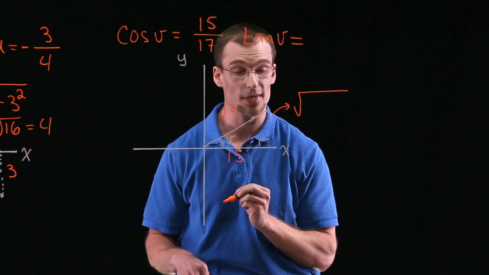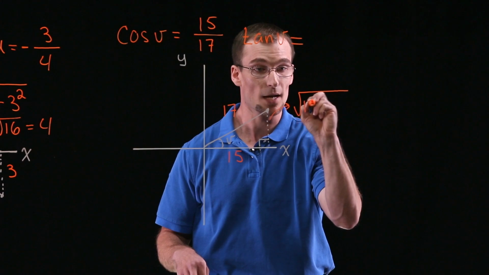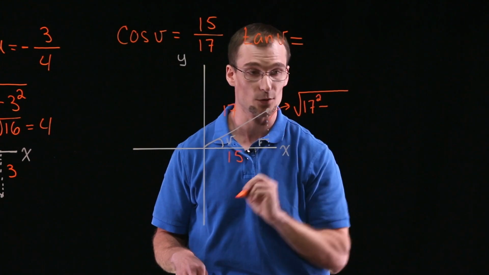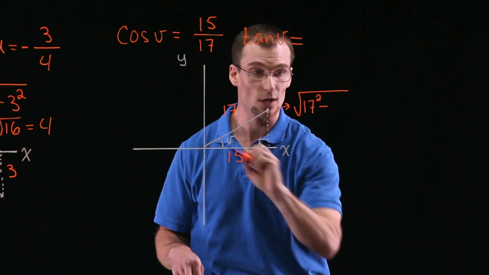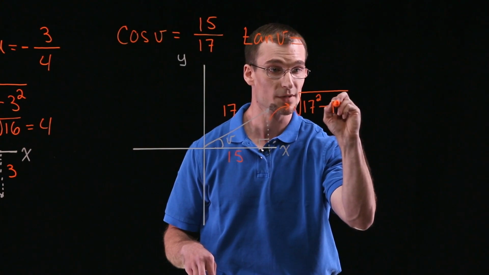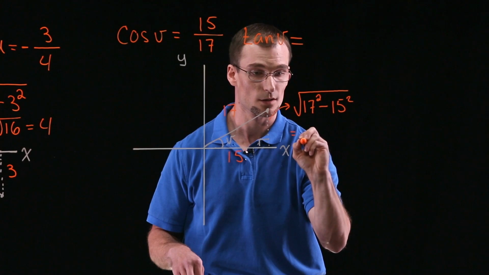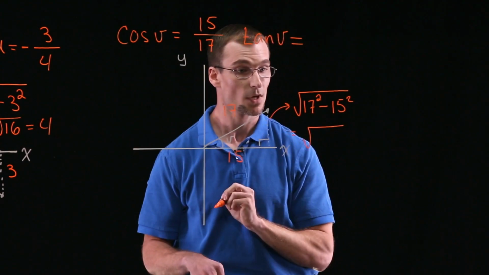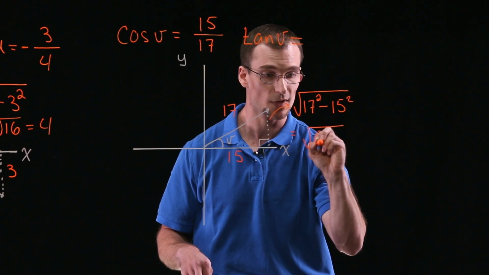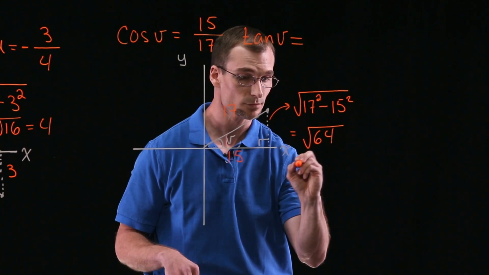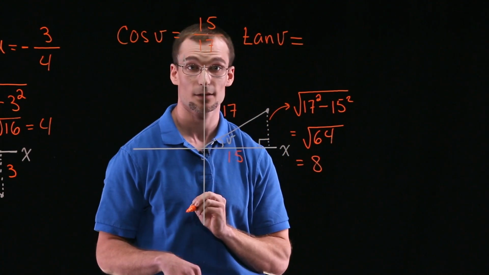And what is this? Using the Pythagorean theorem, it is the square root of the hypotenuse squared, 17 squared, minus the square of the remaining leg. So 17 squared minus 15 squared, which is equal to the square root, simplifying, of positive 64, which is 8.